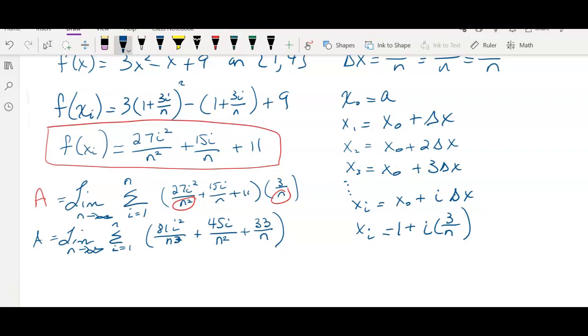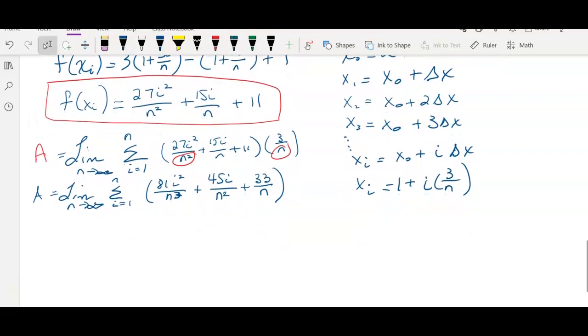Okay. So this is where summations come into play. I've got to give you a brief statement about summations off to the side here. Summations work very much like everything else you've learned this year: limits, derivatives.